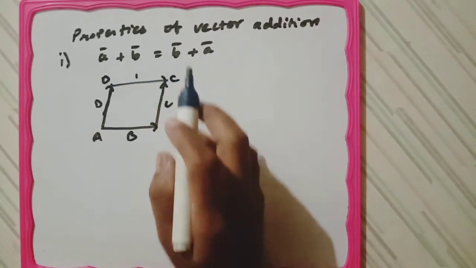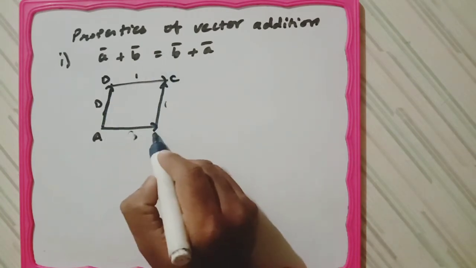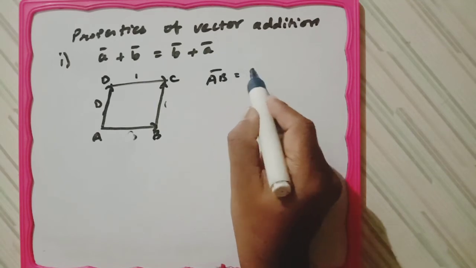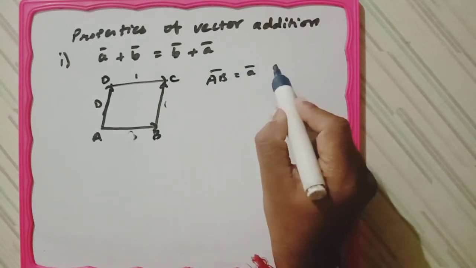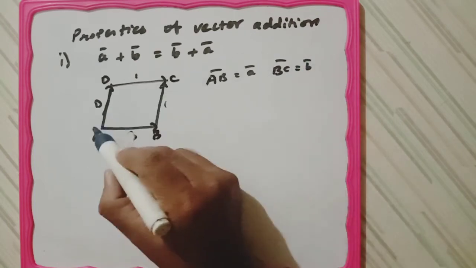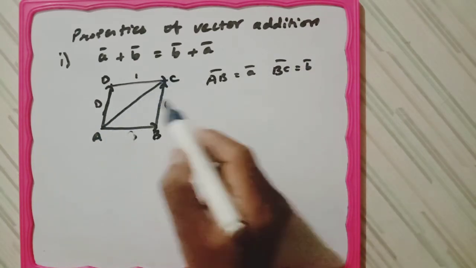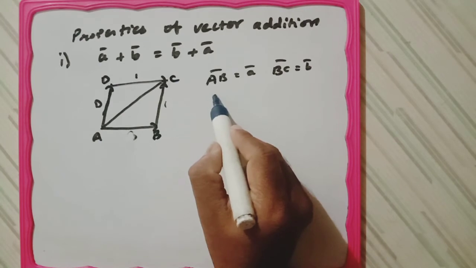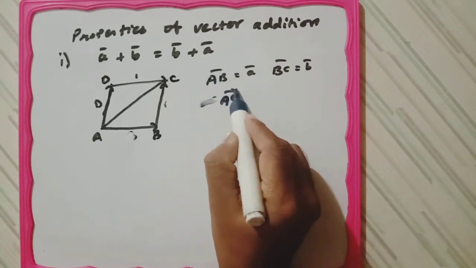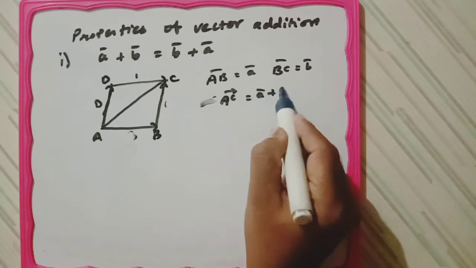The AB vector has magnitude A bar and the BC vector has magnitude B bar, and the AC vector will be given by the triangle law, that is A bar plus B bar, so we can say that vector AC equals A bar plus B bar.